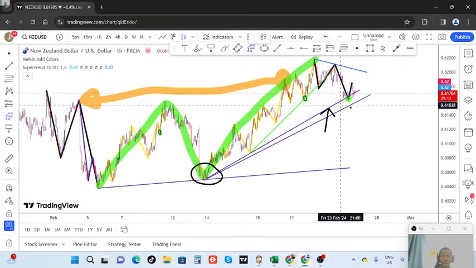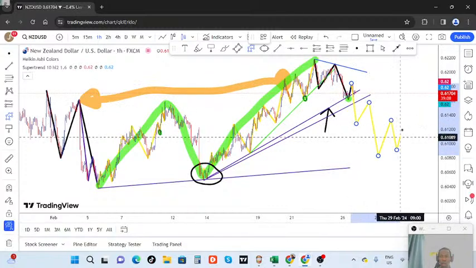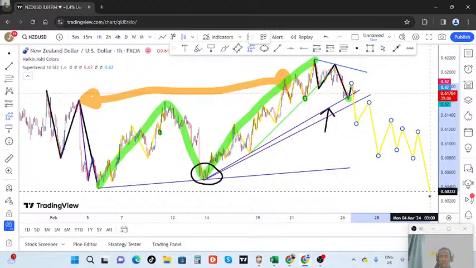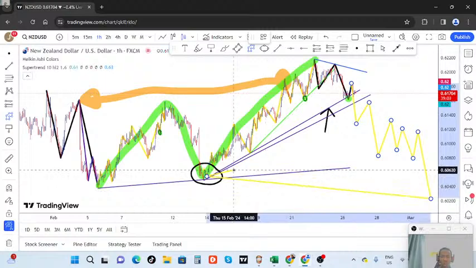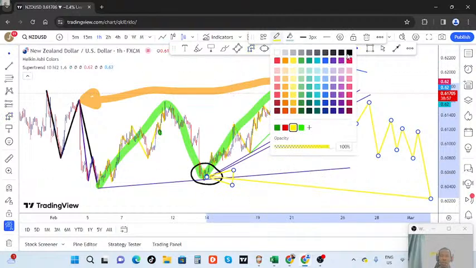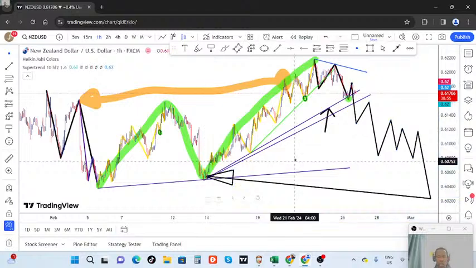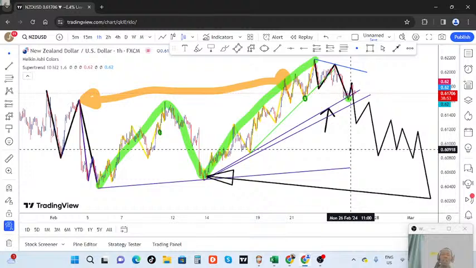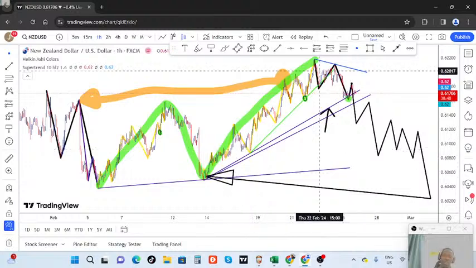If the market, for any reason, started going down and takes out this low here, all right guys, then you can say market structure now is no longer up anymore, it is down.